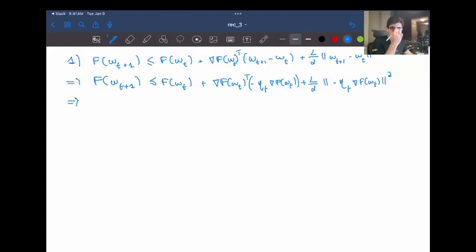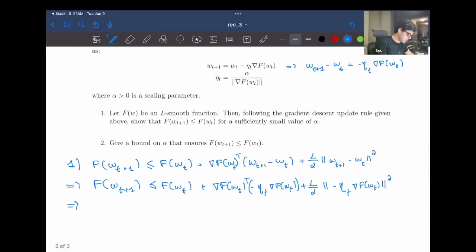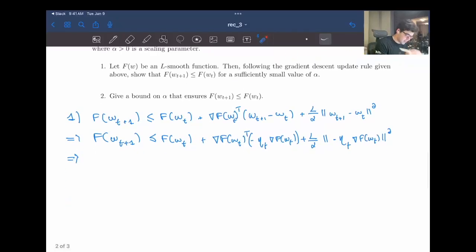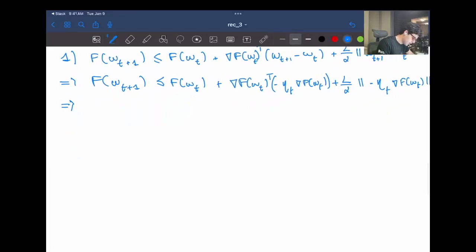And then, so now we want to introduce alpha. The goal is going to be to replace eta_t with its formula. But just one intermediary step before we do this. Let's clean this up a bit. Oops, sorry, this is w_{t+1}, so it's a subscript t plus 1 here.